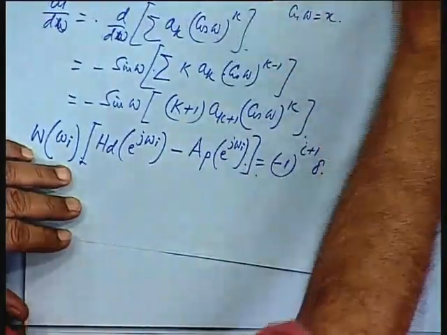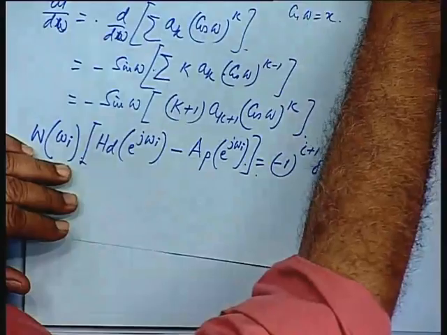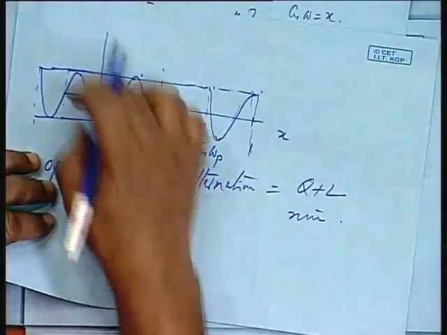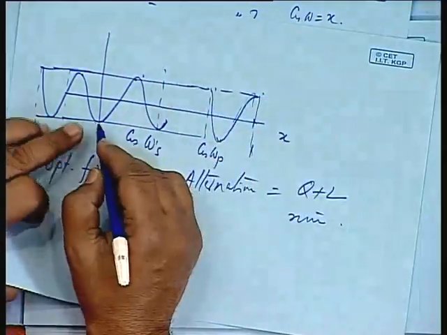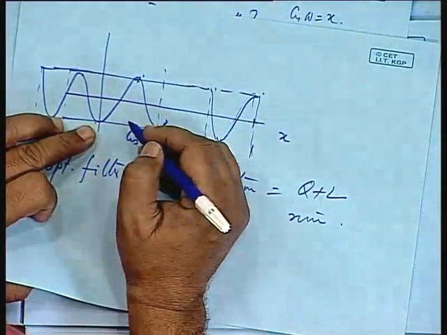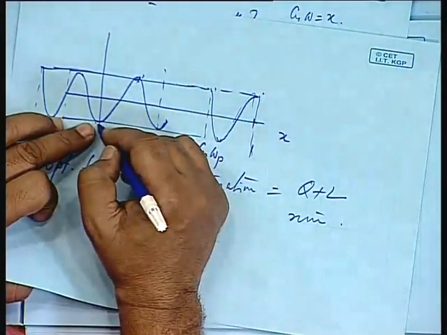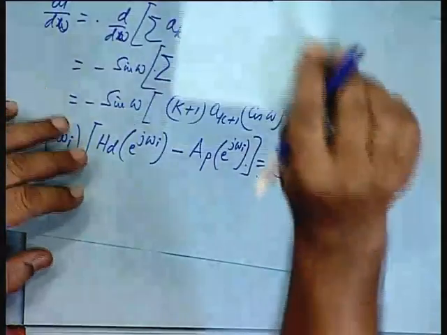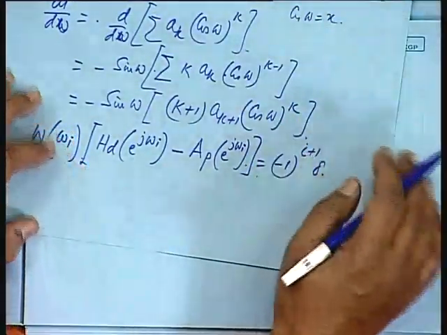We have seen that the normalized error is the same. So any value I want to calculate is the negative of the previous value, or alternately it is minus 1 to the power i plus 1.